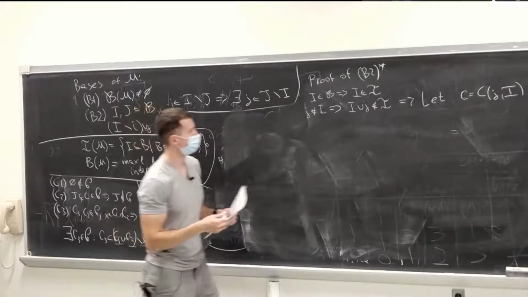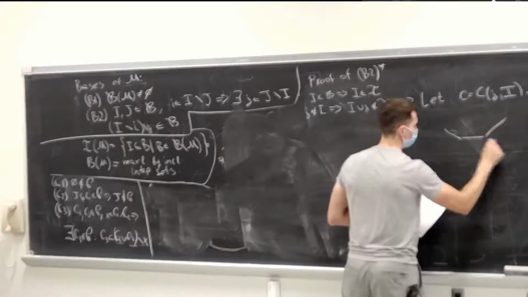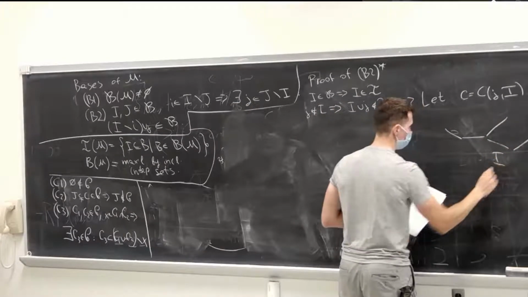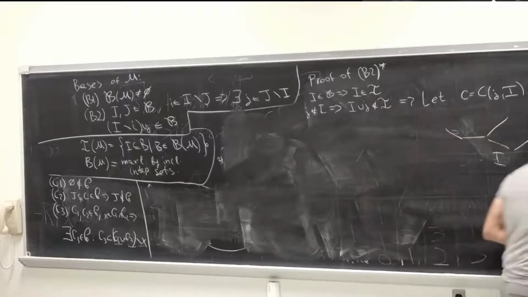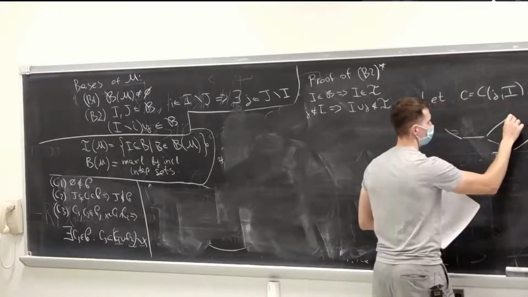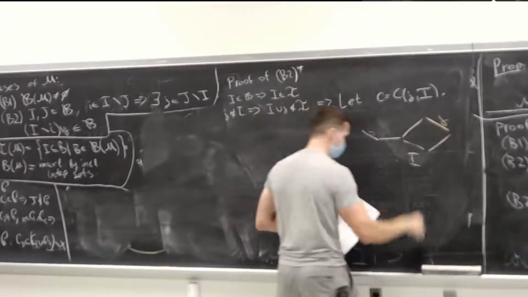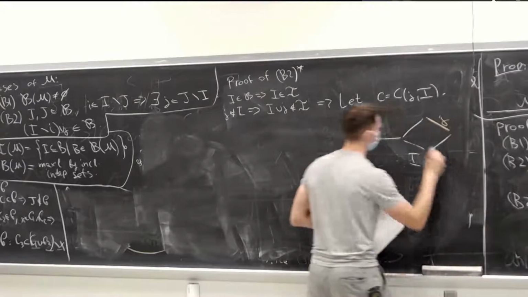Then the picture should look like this. This is I, right? And then I have some other element j here, which makes a cycle.